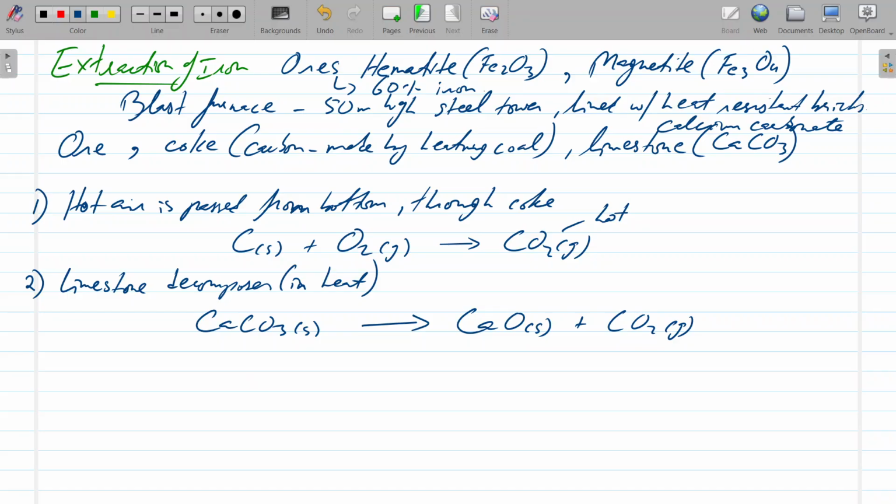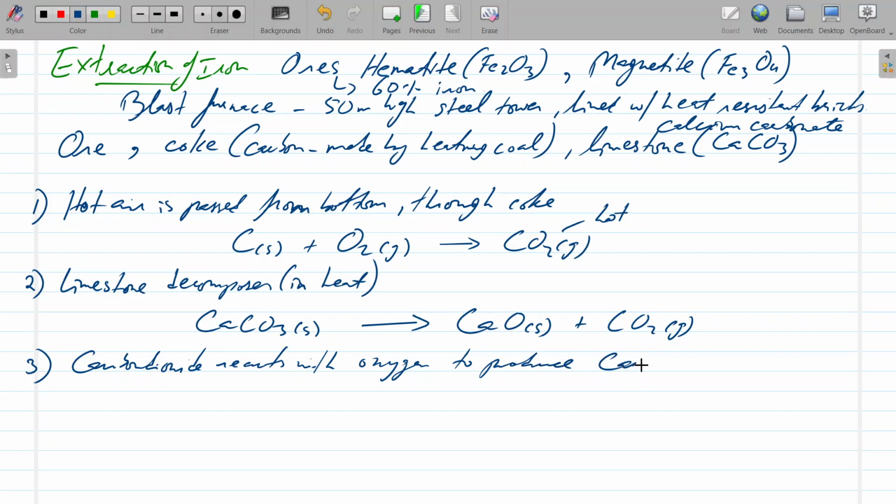Okay. The third step is that the carbon dioxide reacts with more oxygen to produce carbon monoxide. Oh, sorry, not with oxygen.